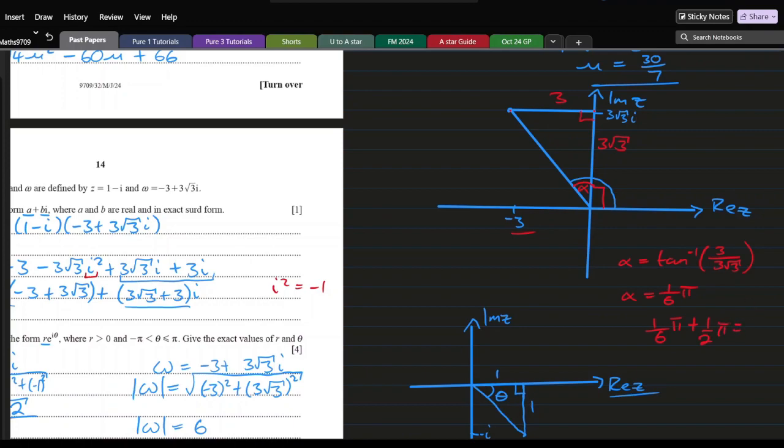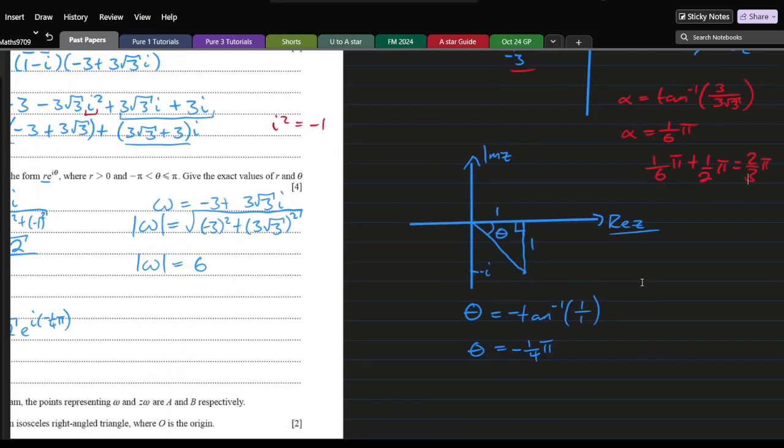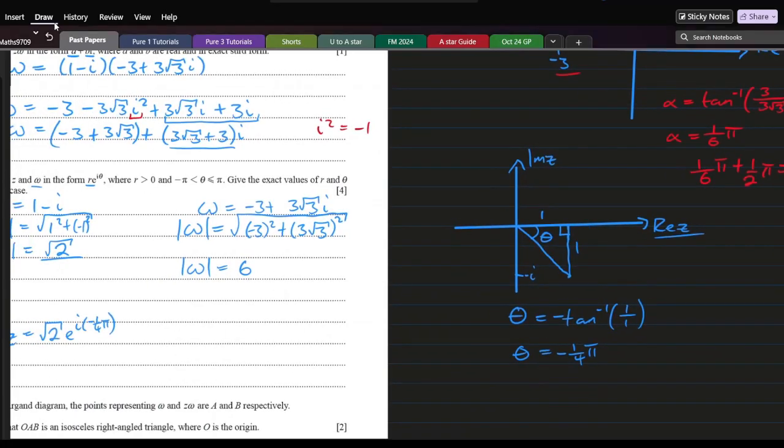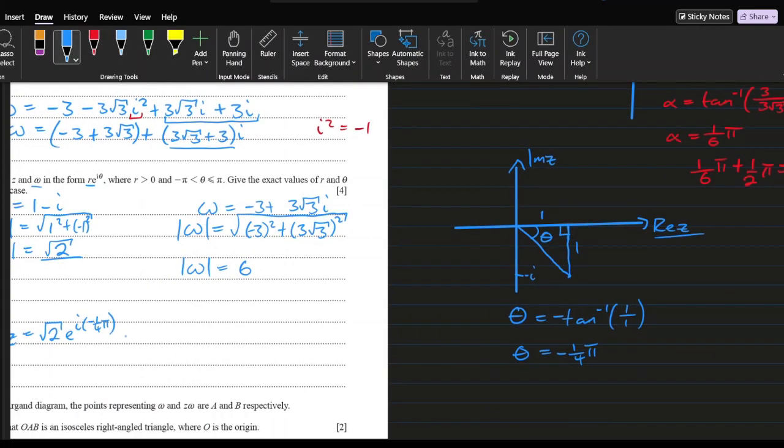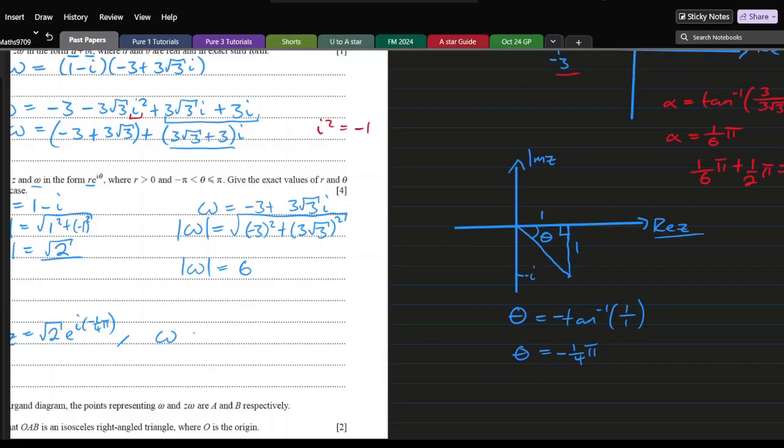That's 1 over 6 plus 1 over 2, which gives us 2 over 3 pi. That's the argument for omega. So let's go back to blue and conclude that omega has modulus 6 and the angle is 2 over 3 pi, so omega is 6e^(2πi/3). And that's our final answer.